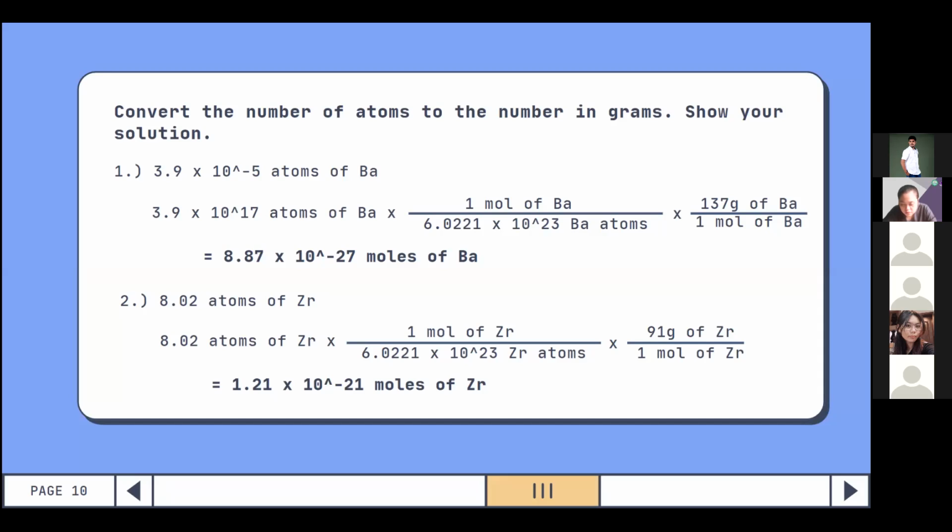It is equal to 8.87 times 10 to the power of negative 27 moles of Ba.